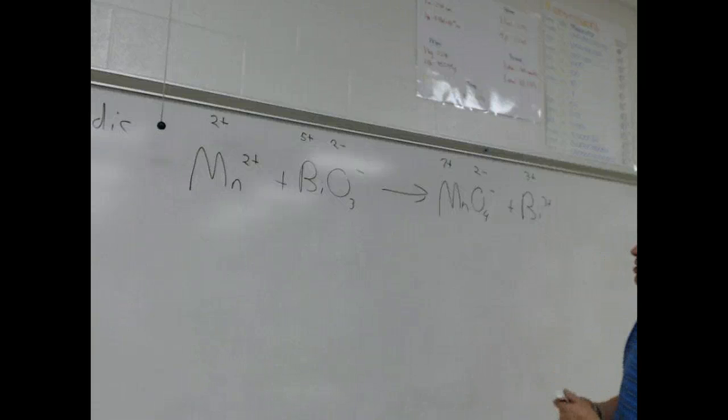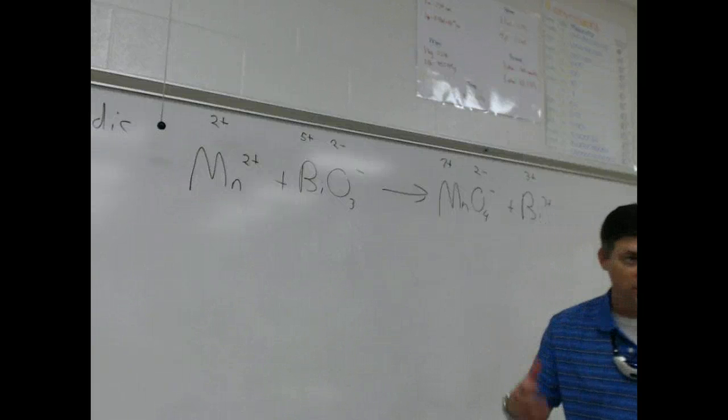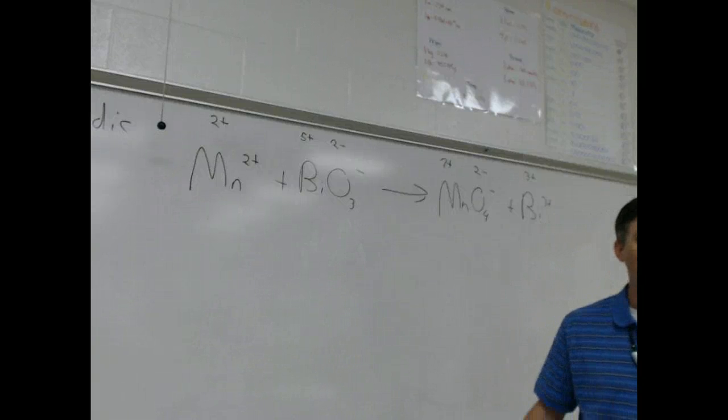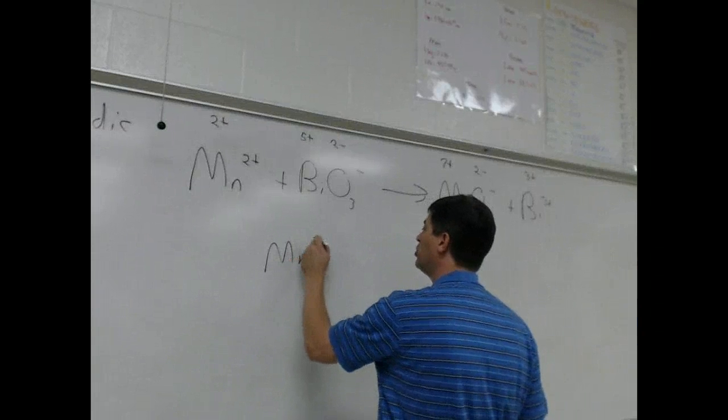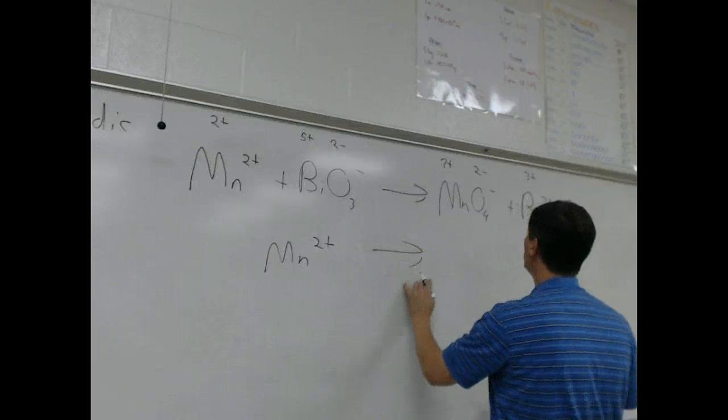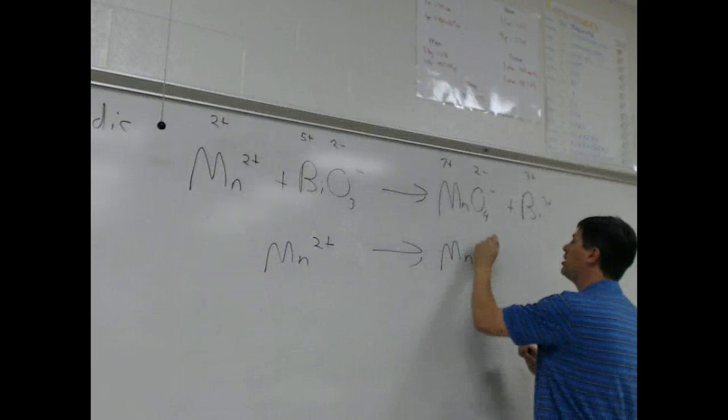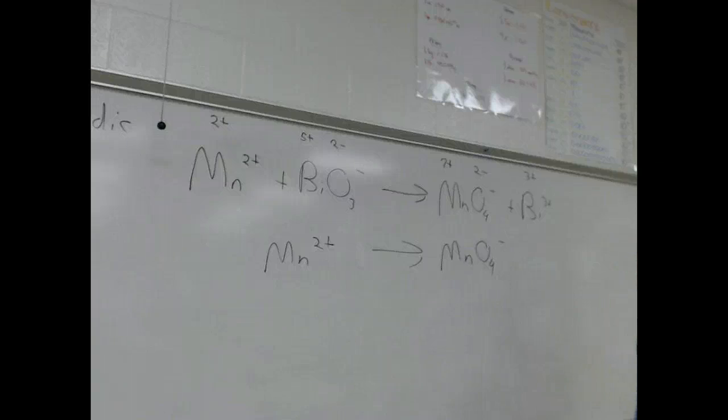So our oxidation half reaction is Mn2+ going to MnO4-. That's the half reaction. We're splitting it into oxidation and reduction half reactions.